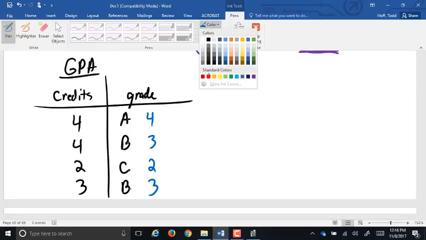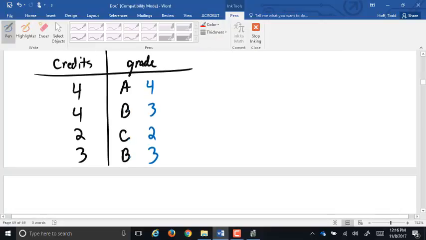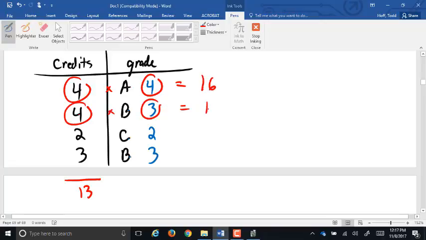Our weighted average is our GPA. We're going to first add together all the credits. 4 plus 4 plus 2 plus 3 is 13. And then we're going to do credits times your grade point. So 4 times 4 is 16. 4 times 3 is 12. 2 times 2 is 4. And 3 times 3 is 9. I know I'm flying through this kind of fast.